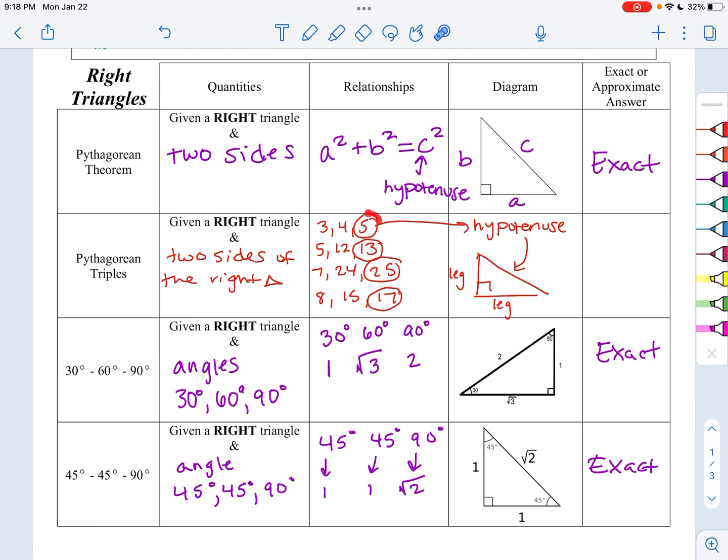And the biggest number of the set of triples has to be in the position of the hypotenuse, which makes sense because the hypotenuse is the longest side because it's across from the largest angle. So this has to be on the position of the longest side, or the hypotenuse. When we use Pythagorean triples, it also lets us get exact answers.